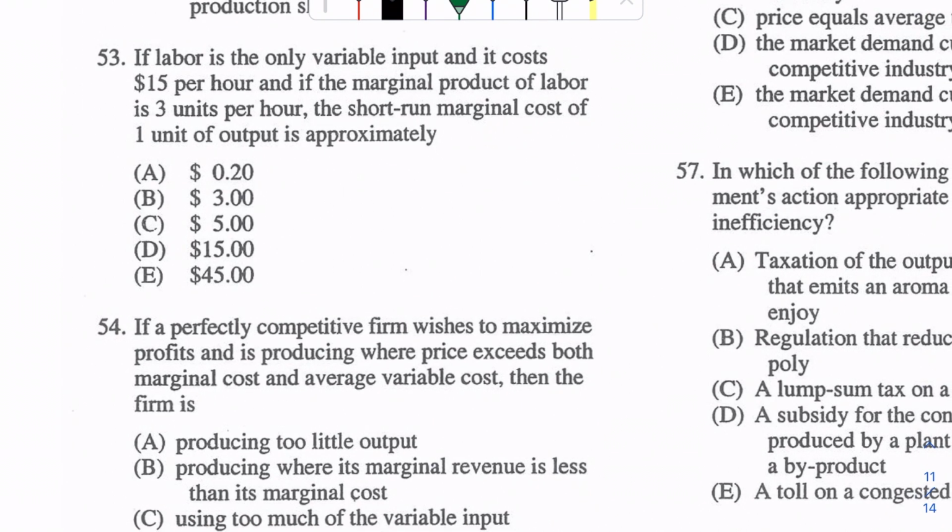53. If labor is the only variable input and it costs $15 per hour, and if the marginal product of labor is 3 units per hour, the marginal cost of 1 unit of labor is blank.